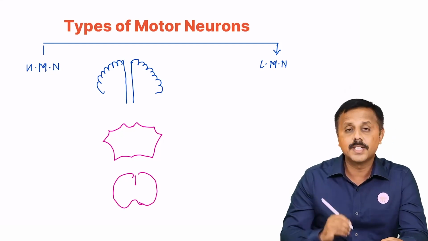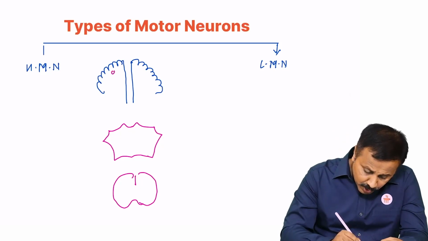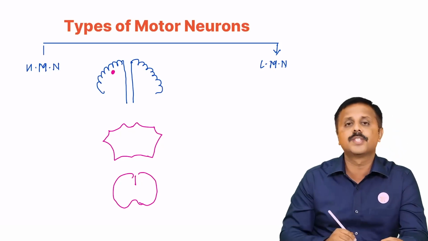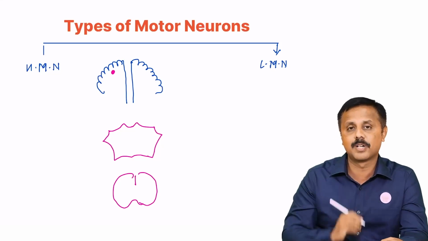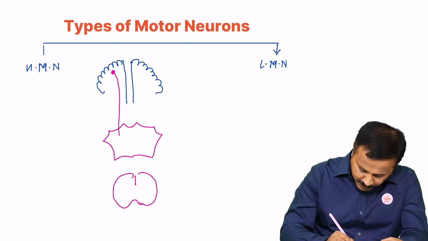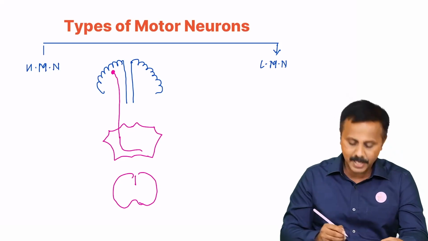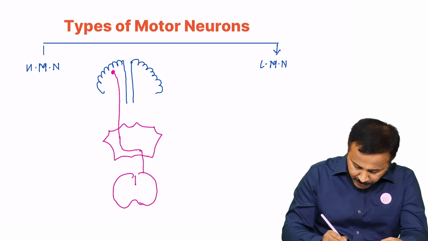Right? What is upper motor neuron? Remember, upper motor neuron always has its origin from the cerebral cortex. And from the cerebral cortex, it descends down through the entire brainstem. And when it reaches the medulla, at the level of lower medulla, it crosses to the opposite side, right? And then let's say it terminates in the spinal cord.